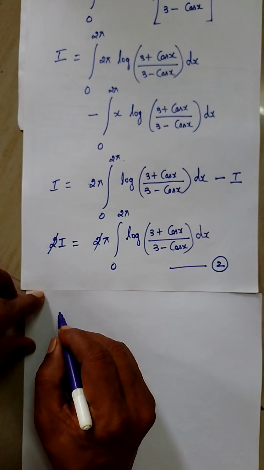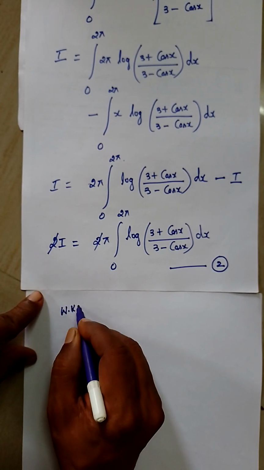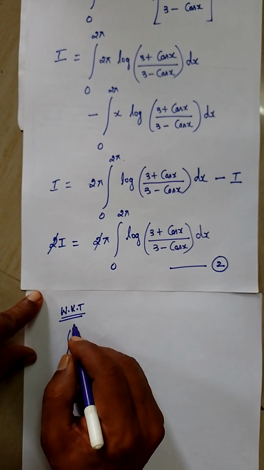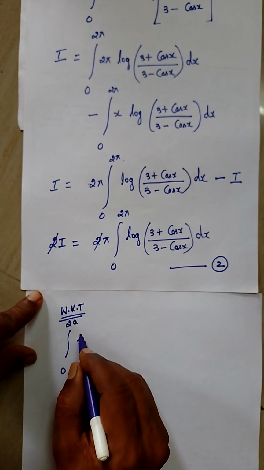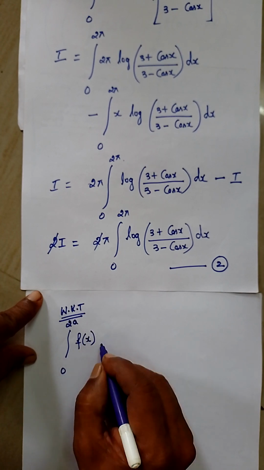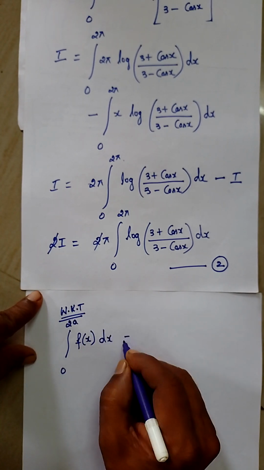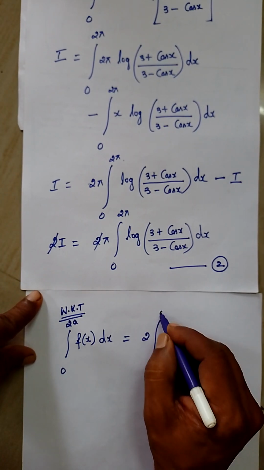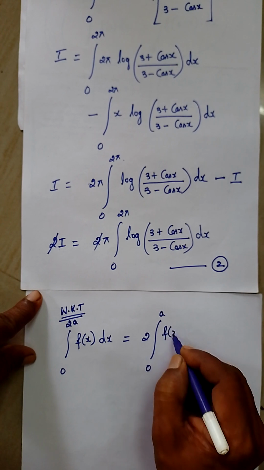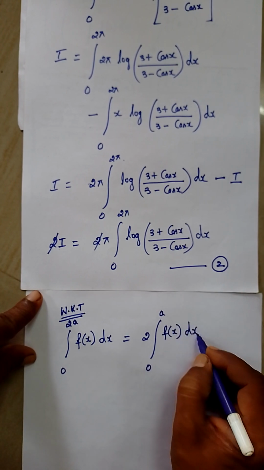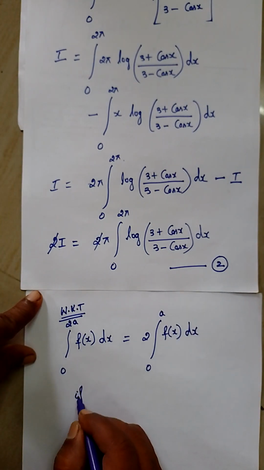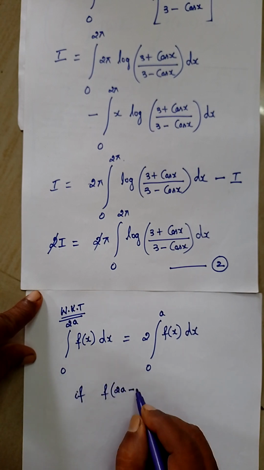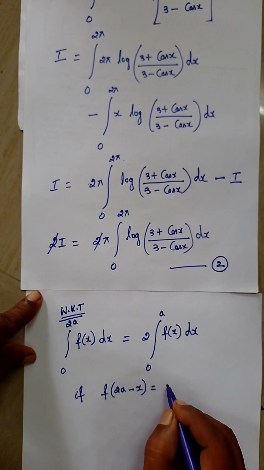Now we will be making use of another property. We know that the integral from 0 to 2a of f(x) dx is equal to the integral from 0 to a of f(x) dx, if f(2a − x) is equal to f(x).